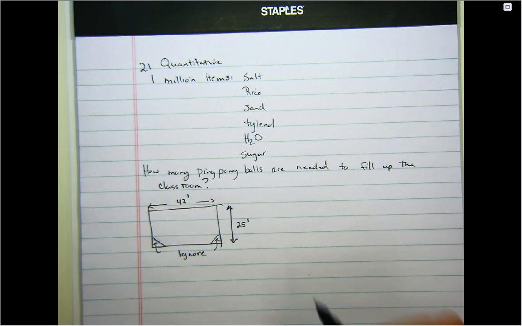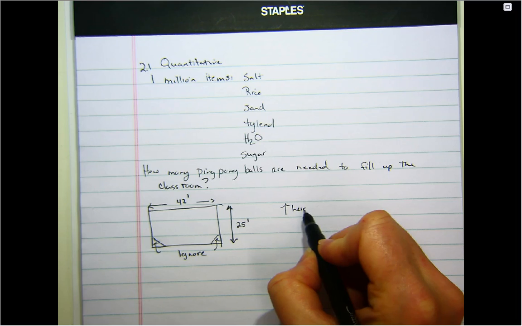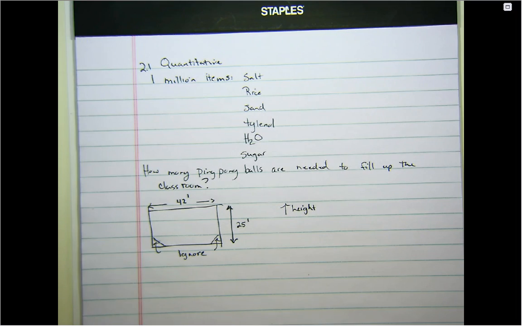Okay, and how tall was the room? 104 inches. Anybody else get 104 inches? What did you get? About that? Okay.